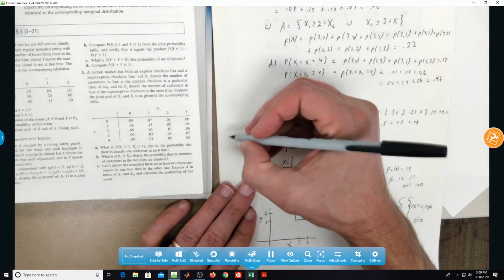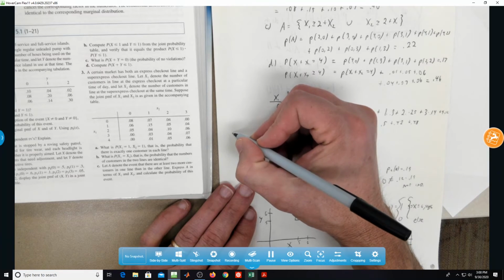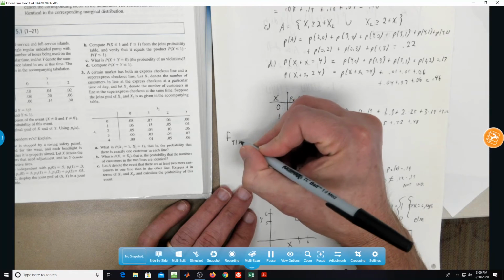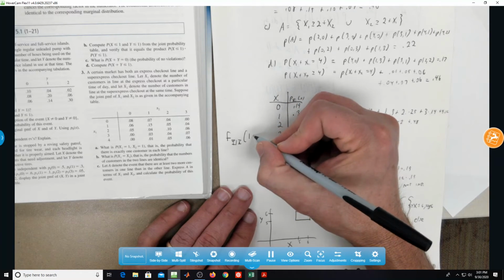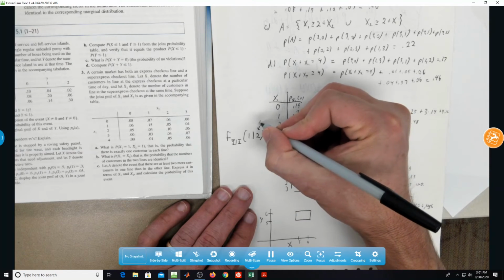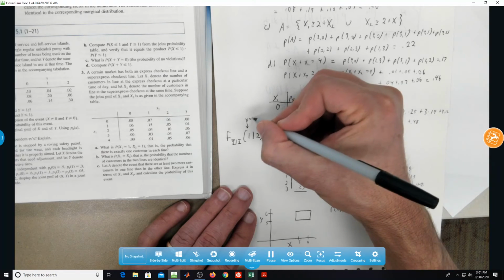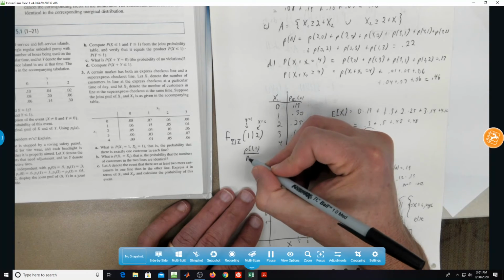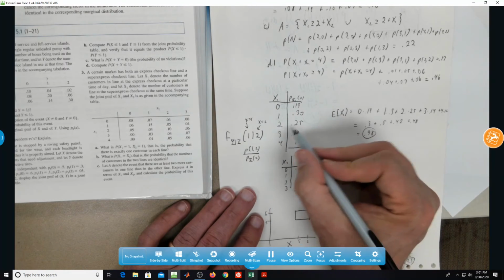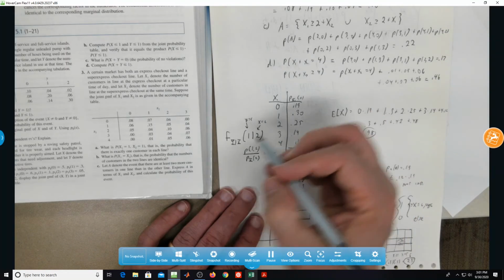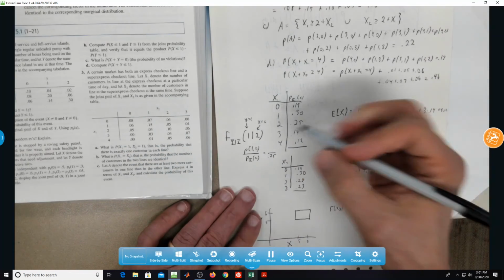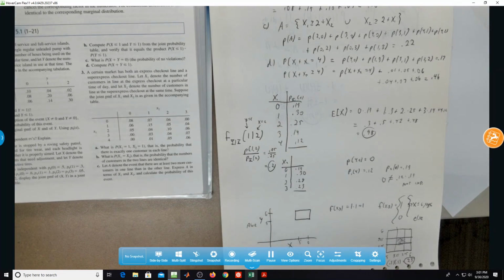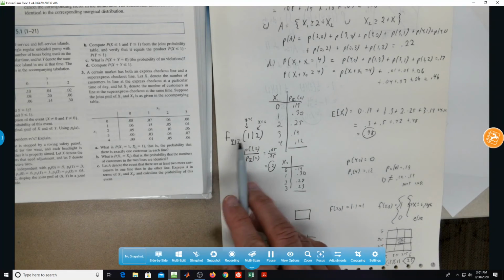Suppose I want to find f of y given x, let's say 1 given 2. So this right here is x equals 2, and this is y equals 1. This would be p of 1, 2 over the probability of x equals 2. Well, x equals 2 is 0.25, and the probability of 1, 2 is 0.05, so that would be 0.20. Again, that's a reminder of how you calculate f of y given x.